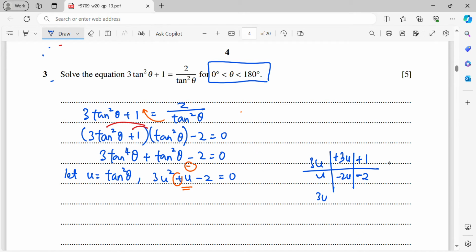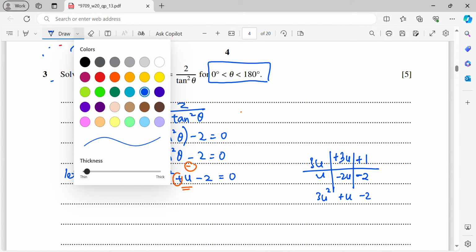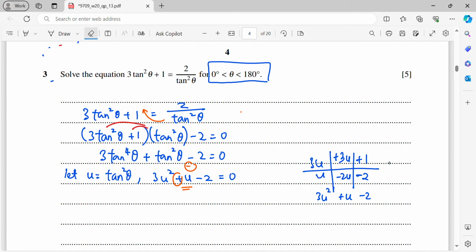When you add together, it will be plus u. So the middle term is plus. Then the last term you multiply. For the factors, now cross multiply.